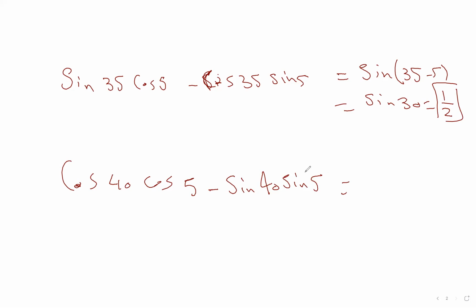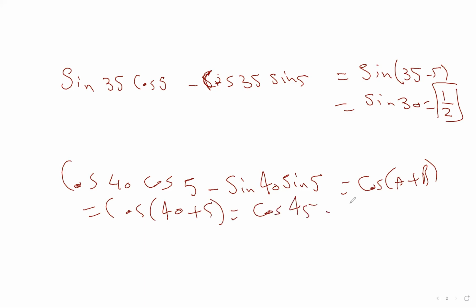This formula is the form of cosine(A plus B). It will be cosine(40 plus 5), which is cosine 45, equal to 1 over root 2. So you can use these relations to find the values for sums of the special angles.